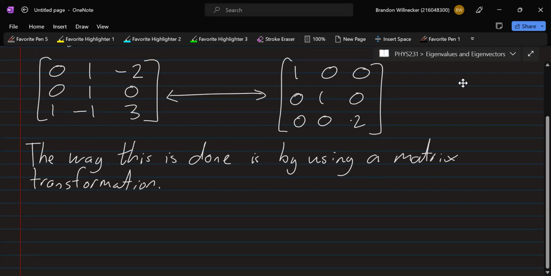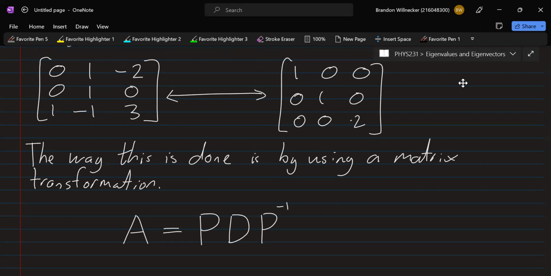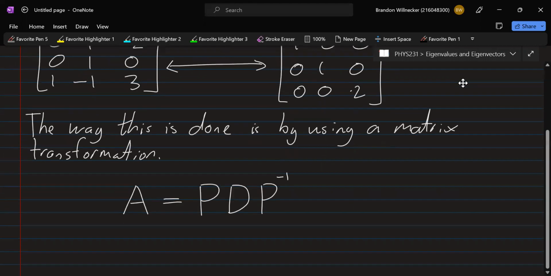I mean, if we have a matrix A, we can write this in terms of a diagonal matrix D via A equals P D P inverse, where D is the diagonal matrix. Okay. In other words, a non-diagonal matrix A can be represented by a diagonal matrix D, provided you transform it with these P and P inverse matrices. Okay, and then this is entirely equivalent.